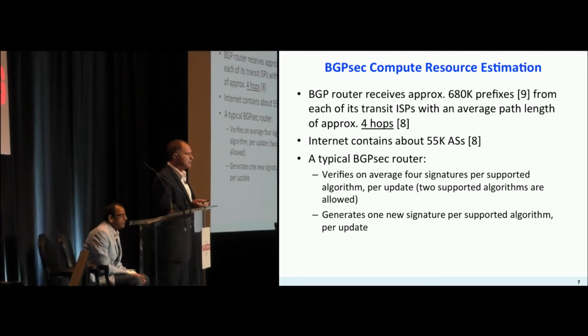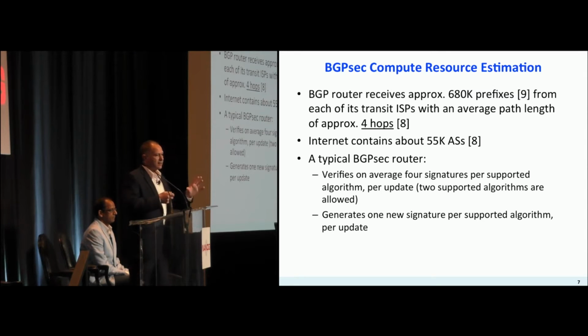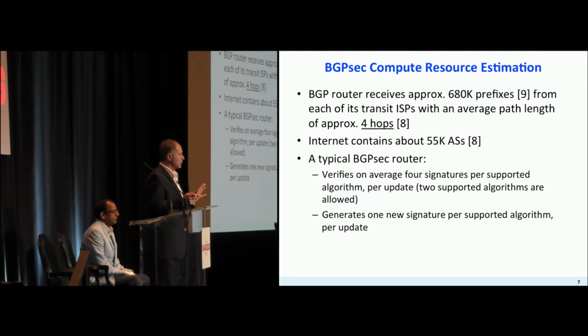And that's a typical assumption based on data collected. And then we're also assuming that there are about 55,000 ASs out there, right? And then start multiplying the numbers, and the space kind of grows. Now, the assumption is that BGPsec will probably grow in islands.